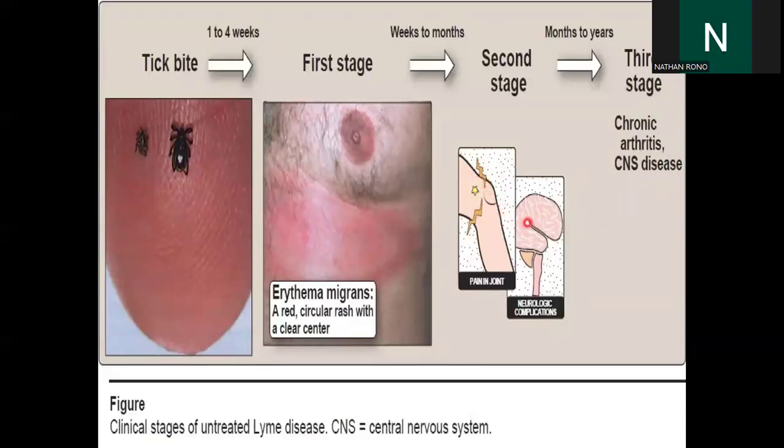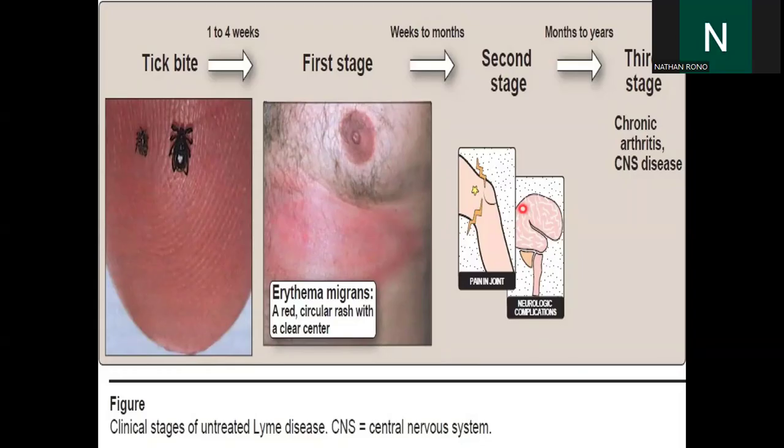Okay. Neurological complications. Here, the most common neurological complication is Bell's palsy. Don't know if you guys remember Bell's palsy. Bell's palsy is where you're going to have facial droop of one side of the face. It's usually a lower motor neuron lesion.